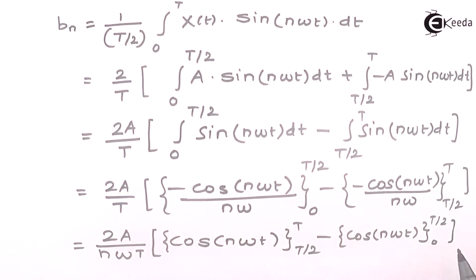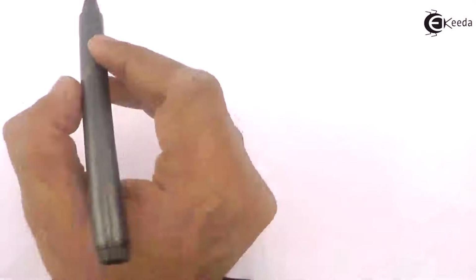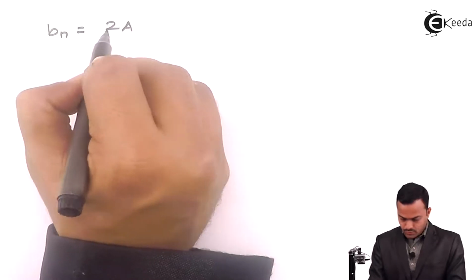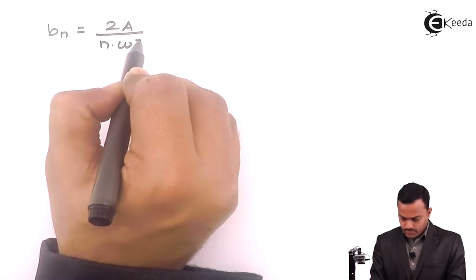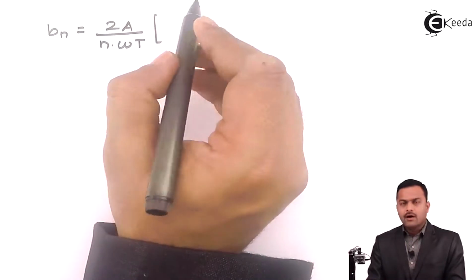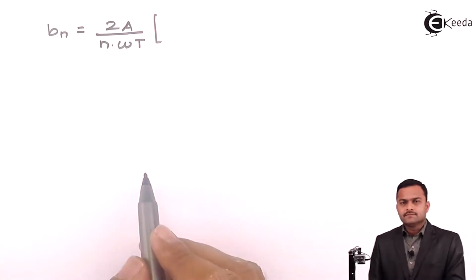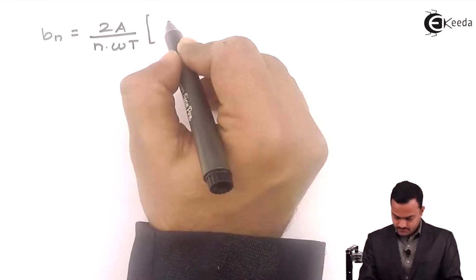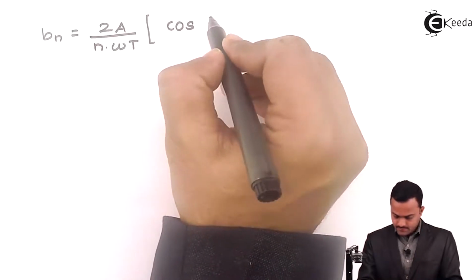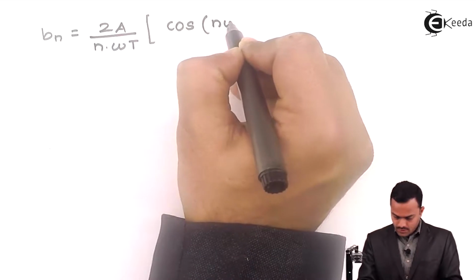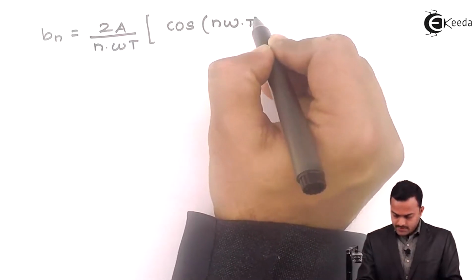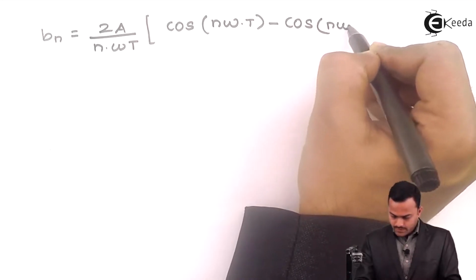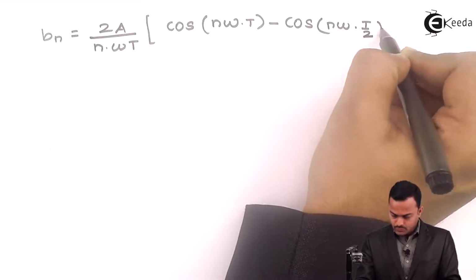So we can apply the limits now. We'll get bn as 2A upon n into omega T. After applying the limits, we'll get cos n omega into capital T minus cos n omega into capital T by 2.